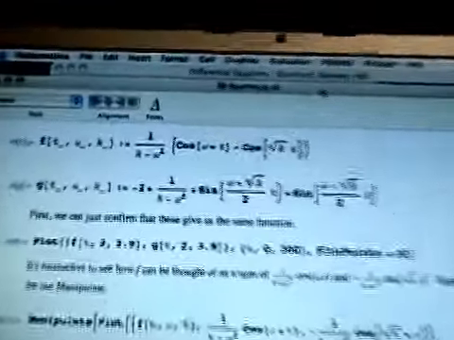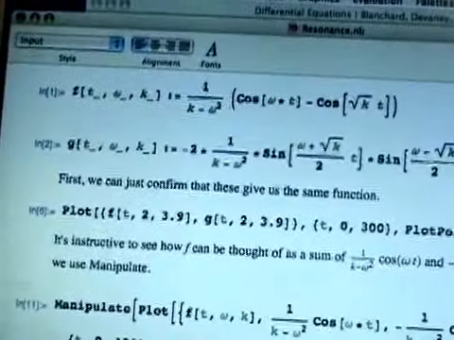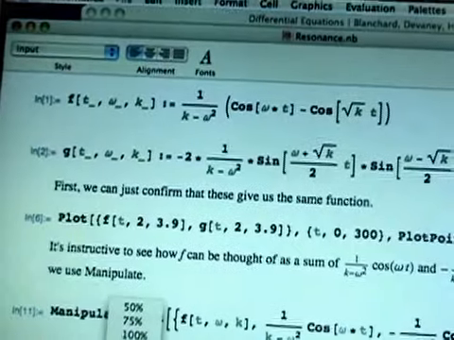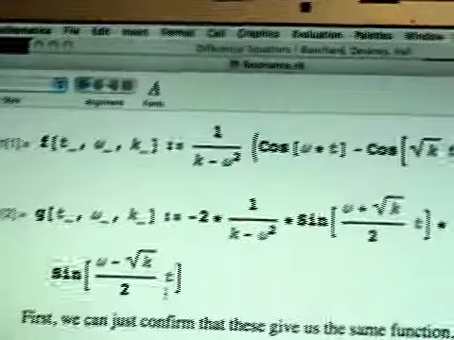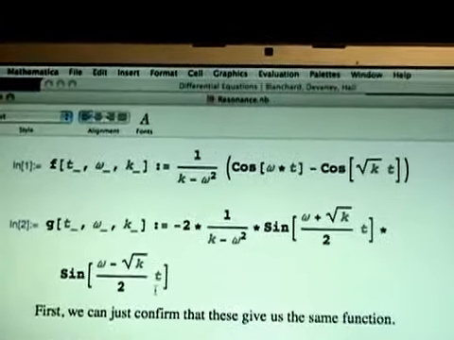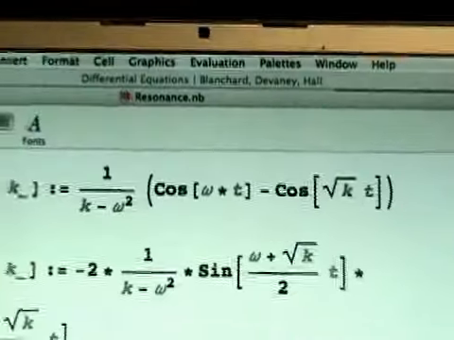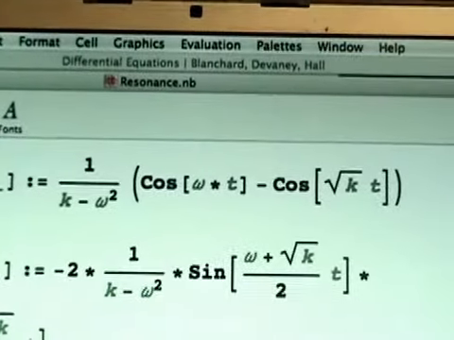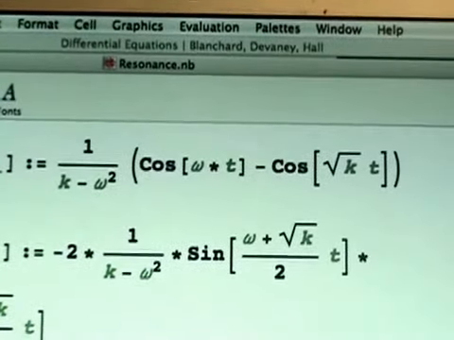What I want to illustrate here is, first of all, that these two forms of the solution to that initial value problem are the same. You can see this first function here is the way that I wrote my solution to the initial value problem initially.